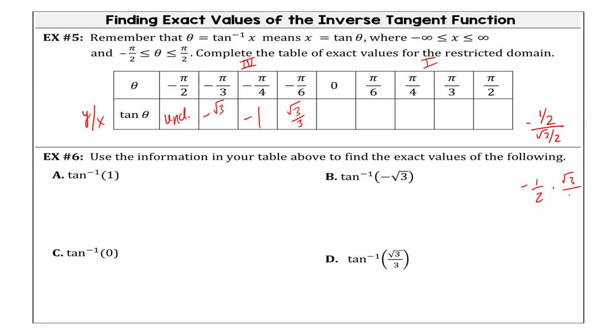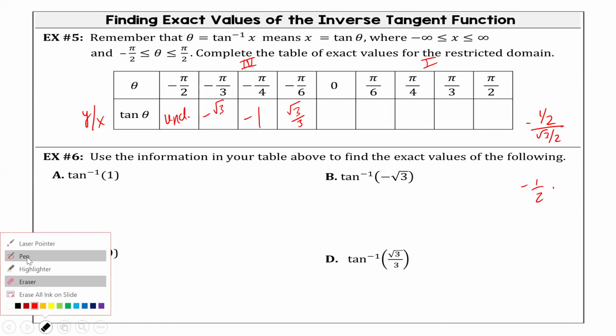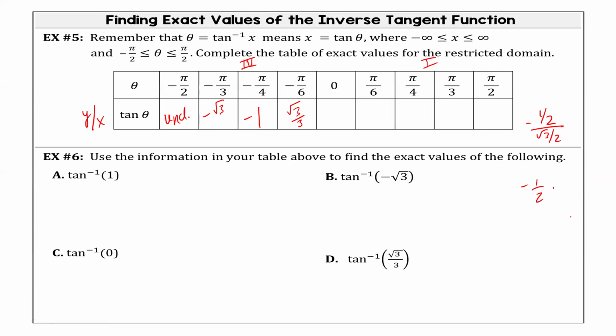Cosine is positive, x is positive. And what happens here? I'm left with negative 1 over square root of 3. What does that rationalize to, guys? Negative square root of 3 over 3.